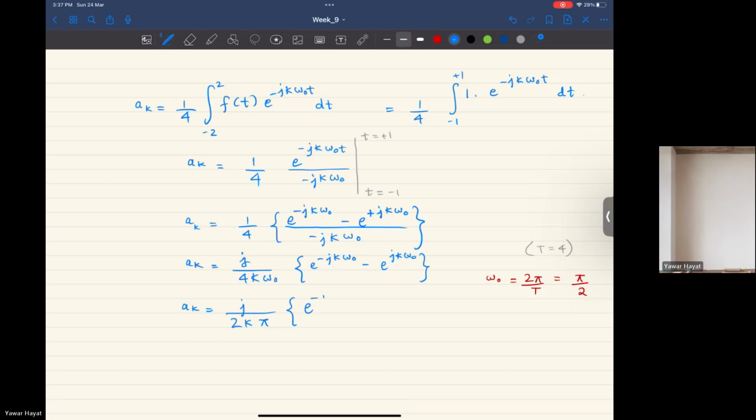Also, inside the braces we will have minus jk pi by 2 minus e to the power jk pi by 2.